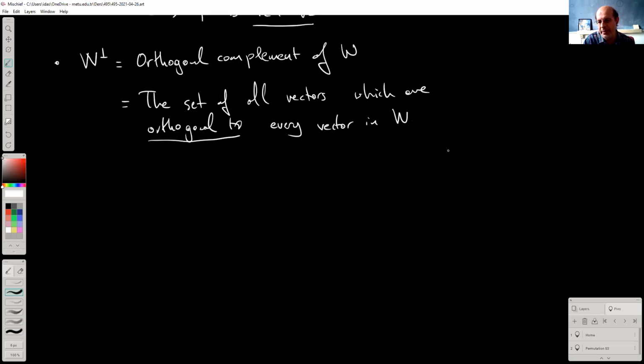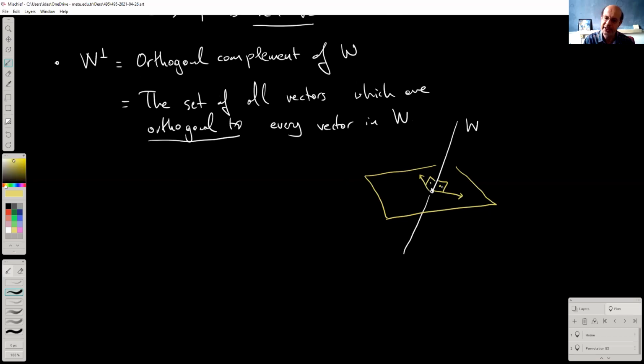Think of it like this. We have some kind of a subspace here, a one-dimensional subspace passing through 0, the zero vector. We define W-perp, let me use a different color, as the subspace formed by all vectors which are perpendicular to all vectors in W. You just think about every vector which is perpendicular to every vector of W, and all such vectors form some kind of a subspace.